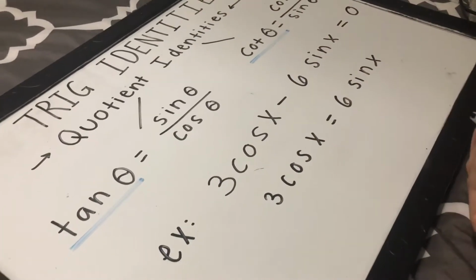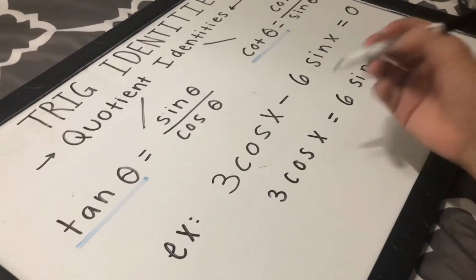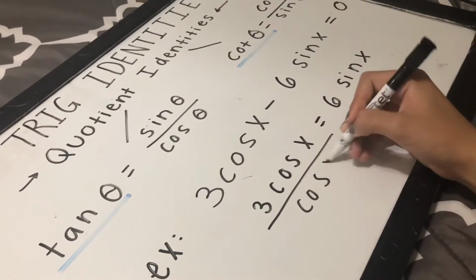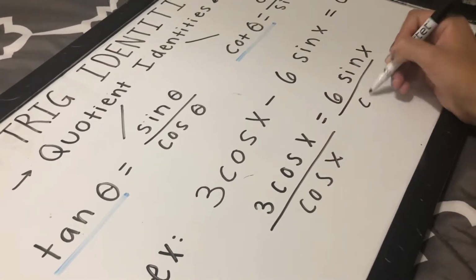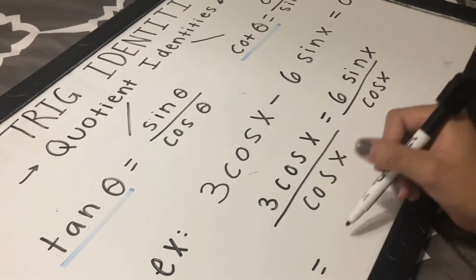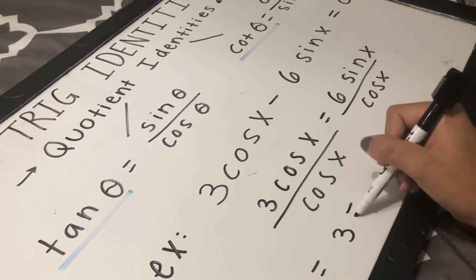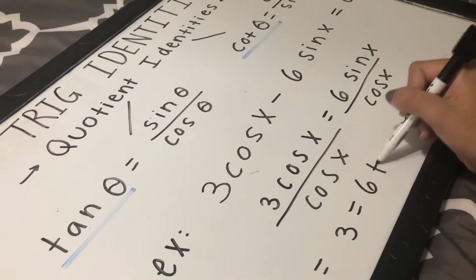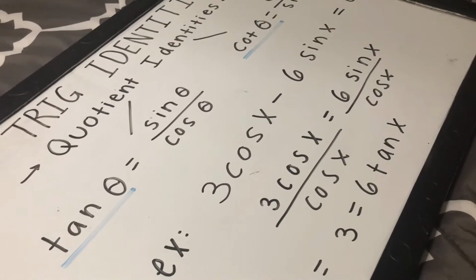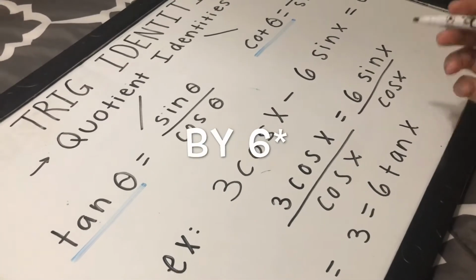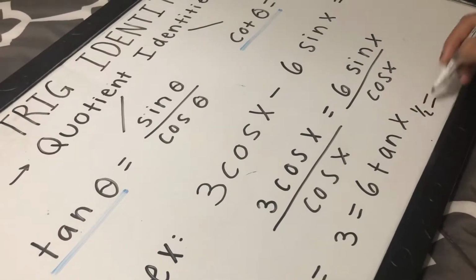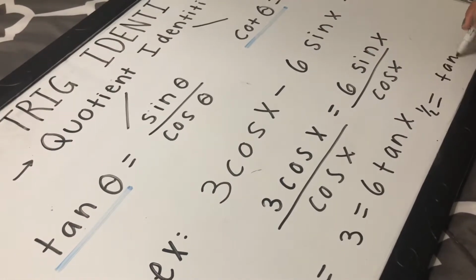I prefer tan theta, so you would divide both sides by cosine x to then get 3 equals 6 tan x. Divide both sides by 3, and then you get 1/2 equals tan x.